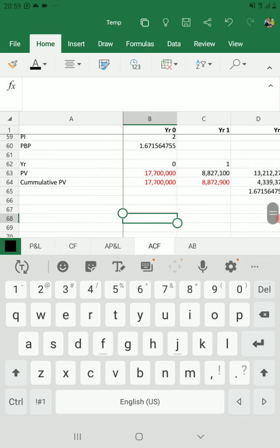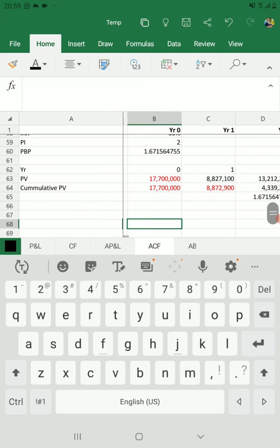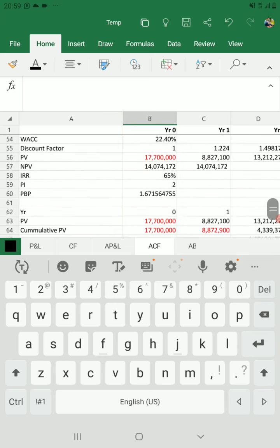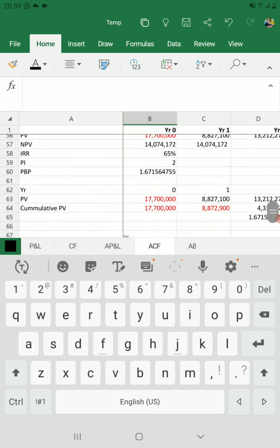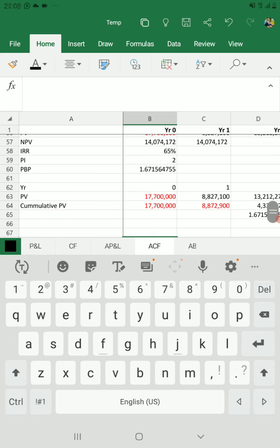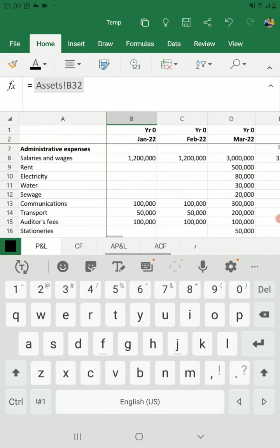So now we have rectified our numbers, but there is one thing here. Our figures are not correct. Why? Because let us come to the profit and loss sheet here, the monthly profit and loss sheet.